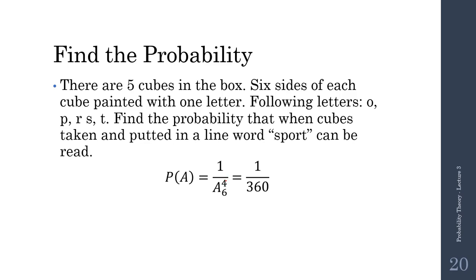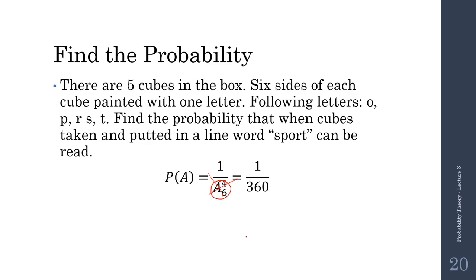Arrangement of 4 letters out of 6. And we have to divide 1 by that, no, sorry, there are 5 cubes in the box and 6 sides. No, it's not correctly written here.